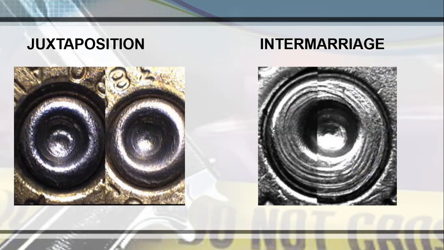That term is called intermarriage comparison. Dito yung makikita nyo sa right side of my slide. Ito yung intermarriage. Napakahalaga ng equipment na ito. Ito yung hindi pwedeng mawala sa isang laboratory for firearms identification.